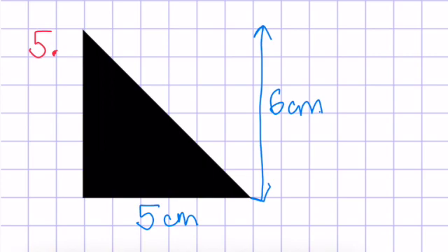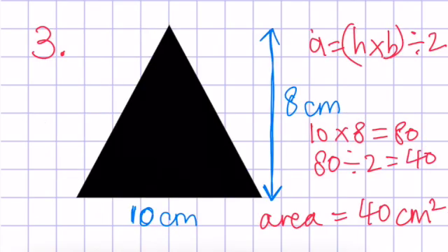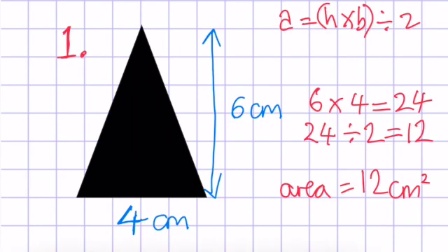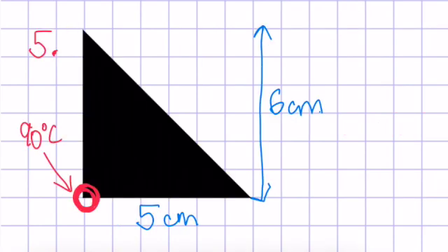Last one. The base is 5. Now this is a right angle triangle, by the way. This was in one of our maths revision 10-a-days. This is a right angle, 90 degrees. And it's one of the types of triangles, a right angle triangle. However, even though it's different from these ones, you still work out the area in the same way. Have a go and then unpause.